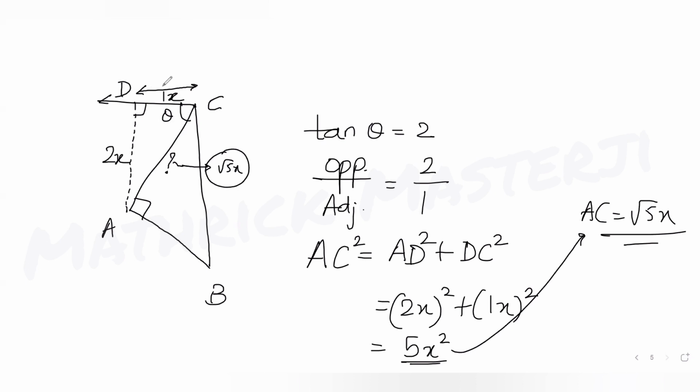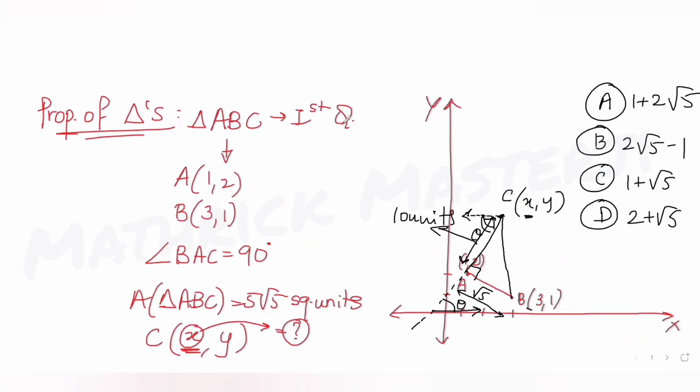And since I need the value of CD, I need this length because I need the x coordinate. If I drop a perpendicular here, which I'm drawing already, the x coordinate is the x coordinate of A, that is 1, plus the length of this, which is DC.